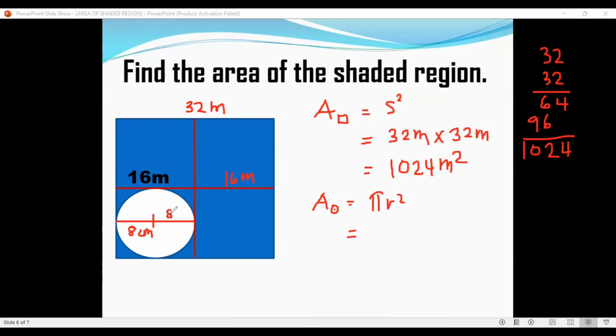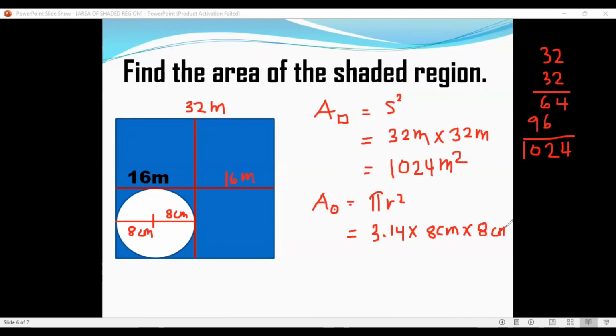So 8 cm is the radius. So we will now have again the pi is 3.14, and we multiply that by r squared. So we have 8 cm multiplied by 8 cm.